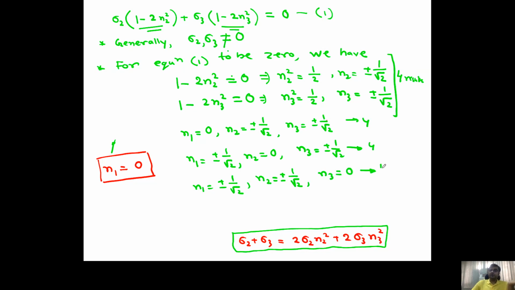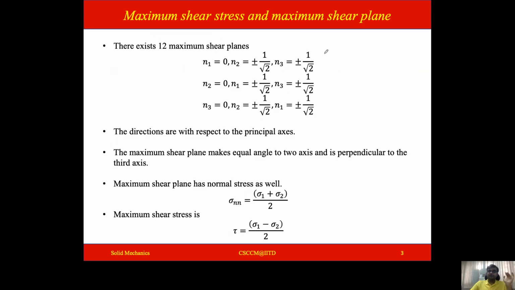So this is now my third set. So in total, there are 12 planes. So there is no unique solution. Sorry, there is no single solution. There are 12 solutions, each of which is unique. So this is the result. These are the planes, so there are 12 maximum shear planes.